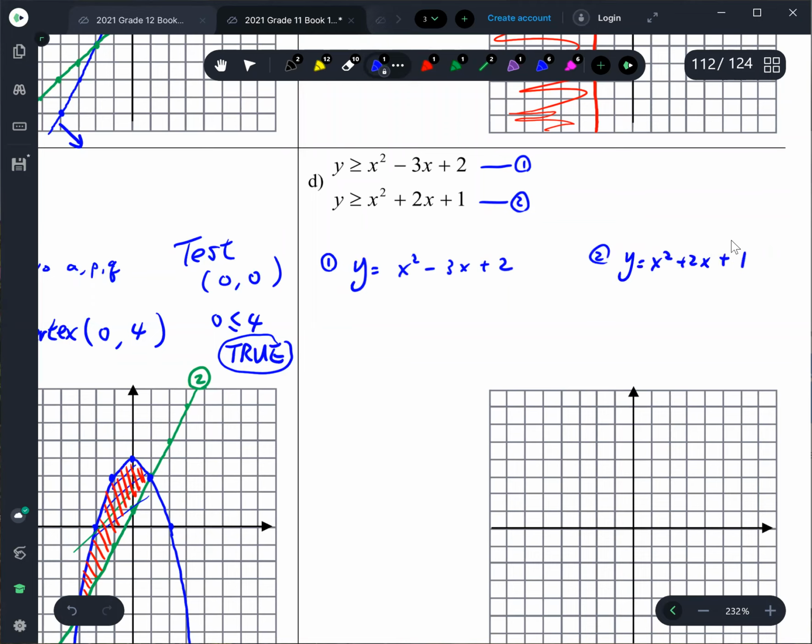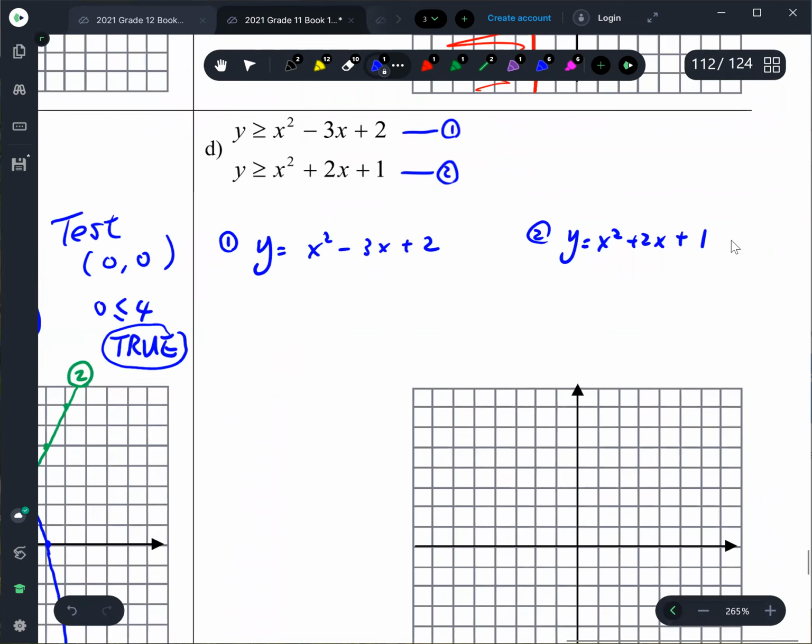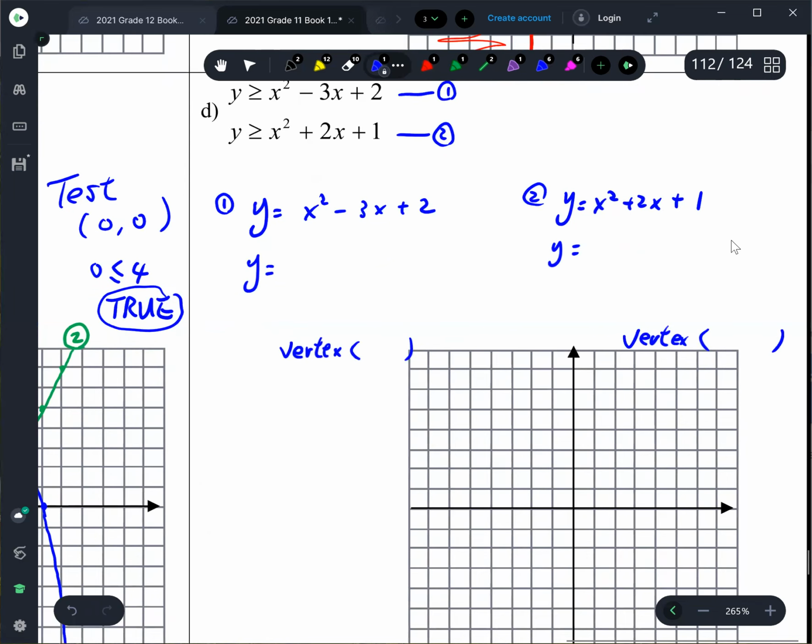Once you are able to get to vertex form, then you can do the graph by yourself. So please change both of them into APQ form, and then write out the vertex. We'll double check that. Once you got the vertex, you can raise your hand.